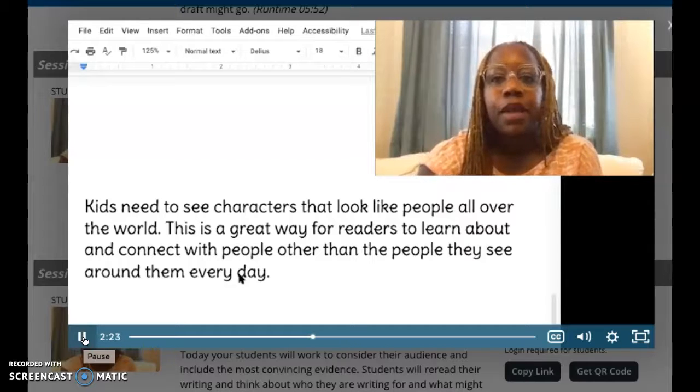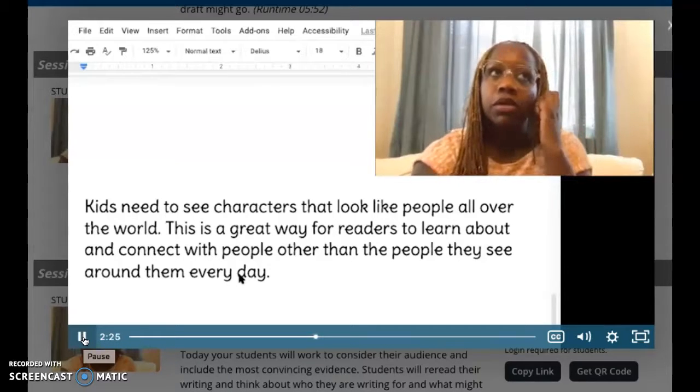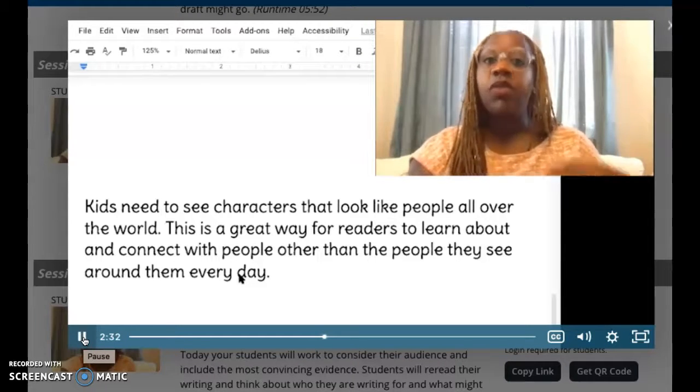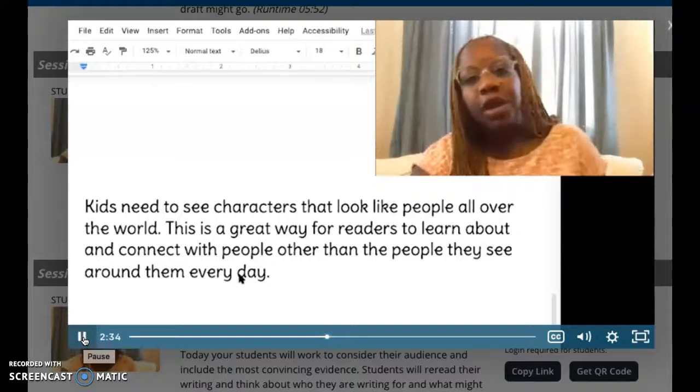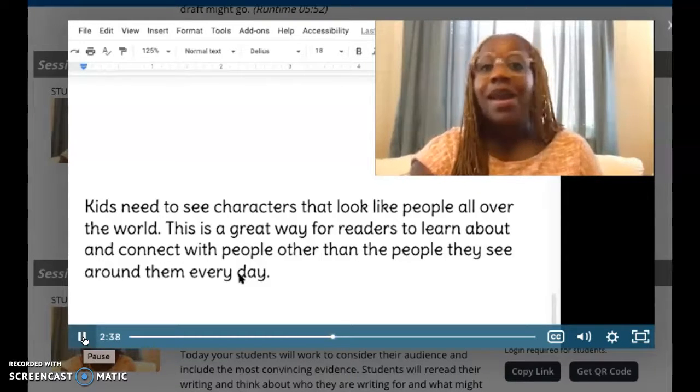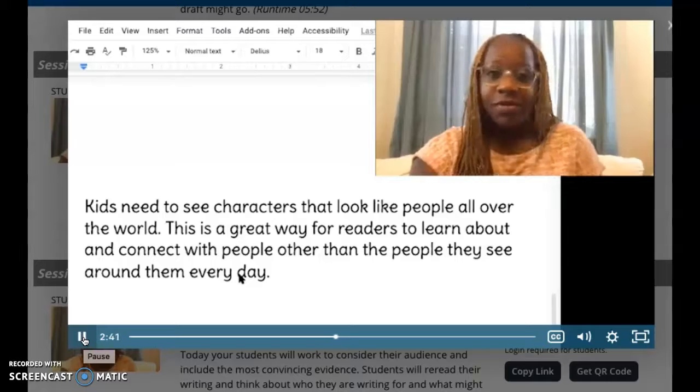Okay. Let me think of an example that would show this. Oh, I got one. I could say, for example, reading the book Tía Isa Wants a Car by Meg Medina taught me a lot about a culture other than mine.